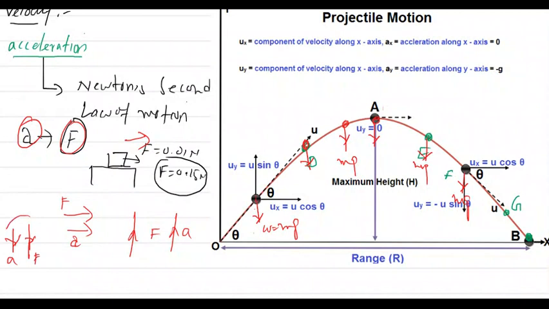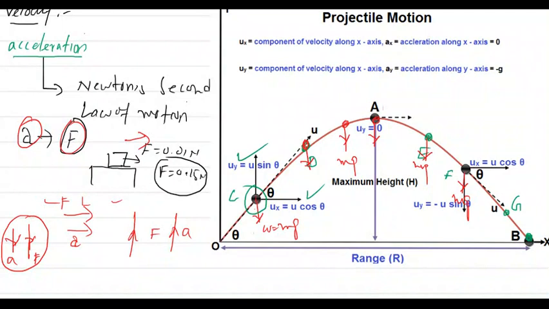So keep that in mind, and on the basis of this, if I ask you, when the object is at this position, suppose C, what is the acceleration over here? Just as for the velocity we checked along the x-axis and along the y-axis, is the acceleration acting in only one direction? So what will be your answer?